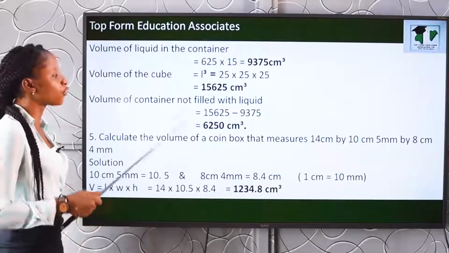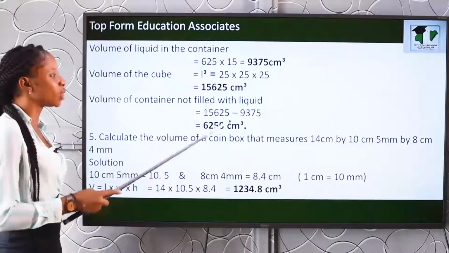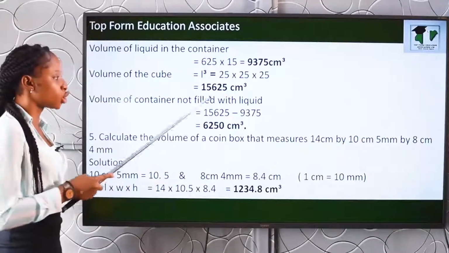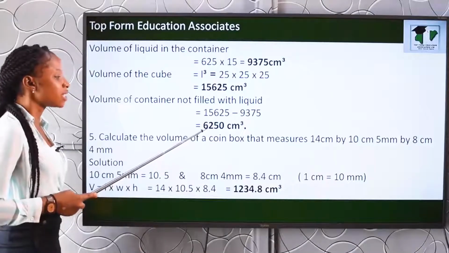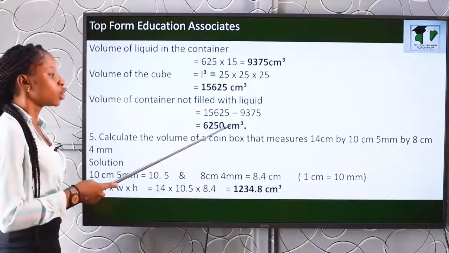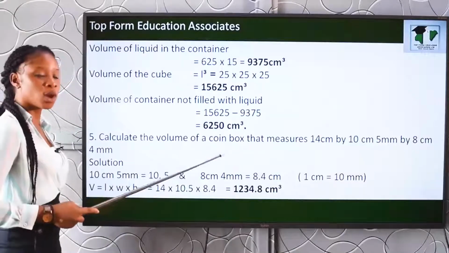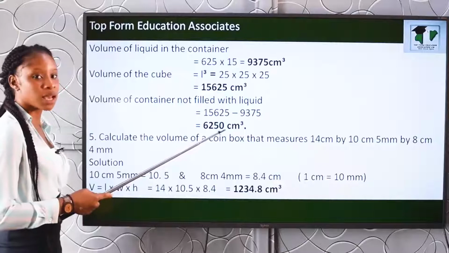Now, to look for the volume not filled, we are going to subtract the volume of the liquid in the container from the volume of the cube. And when we do the subtraction, we have the answer as 6,250 centimeters cubed. Therefore, the volume of the container not filled with the liquid is 6,250 centimeters cubed.